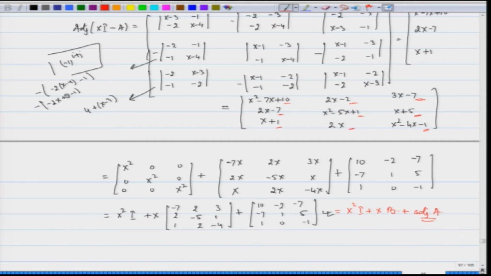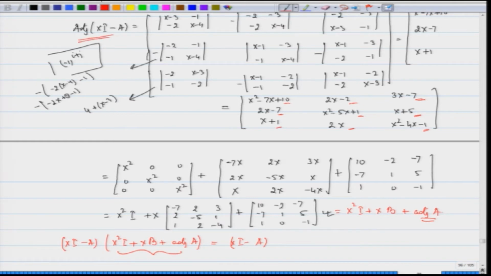Now, let us multiply this matrix with xI minus A. I want to multiply xI minus A with x square I plus xB plus adjoint of A. Fine. So, what we are doing here is looking at xI minus A. Now, what is this matrix?